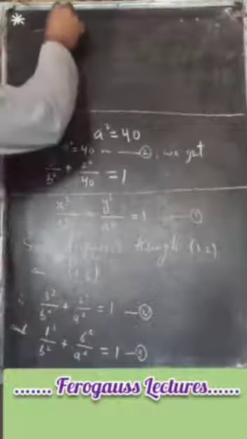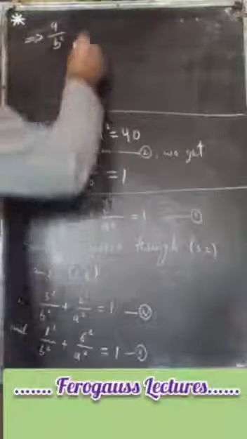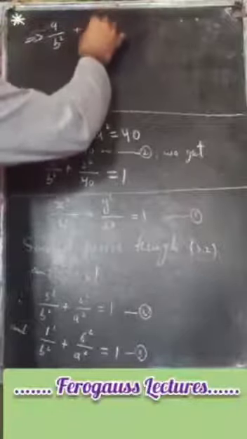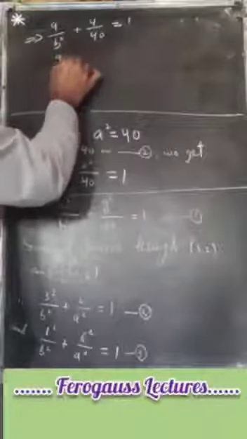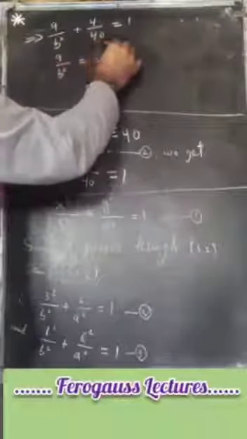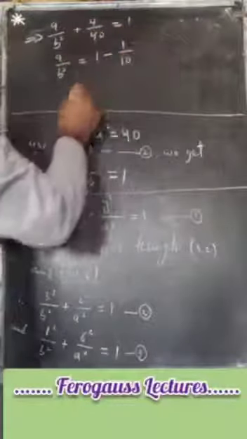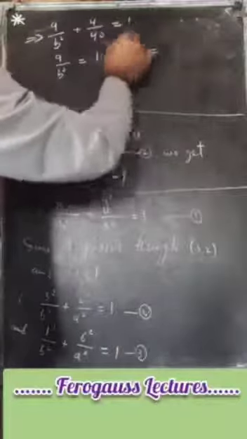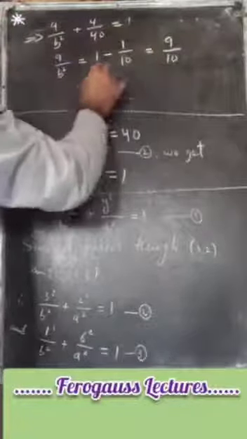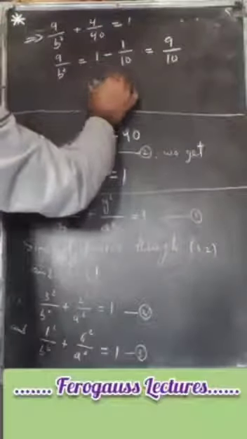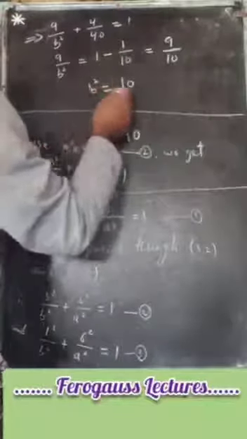Or it is 9 by b square plus 4 by 40 equal to 1. 9 by b square is equal to 1 minus 4 by 40, which is 1 minus 1 by 10, that is 9 by 10. So 9 by b square is equal to 9 by 10, or we can write b square is equal to 10.